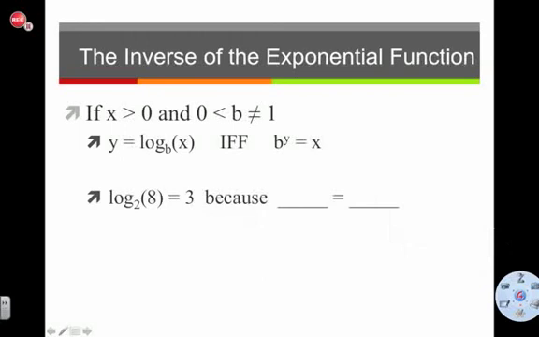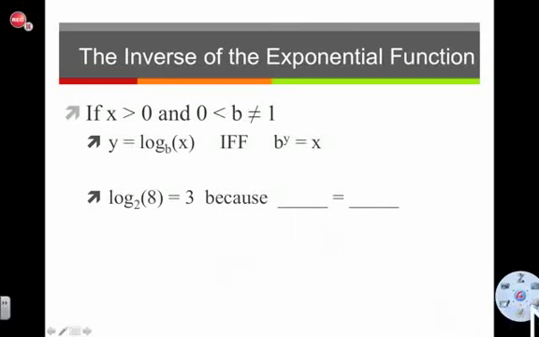So a couple statements we can make here, going between logarithmic and exponential form. We could say that log base 2 of 8 is equal to 3 because we know the other side is true. The inverse of this is true. We can look at the exponential base 2 because it's log base 2.